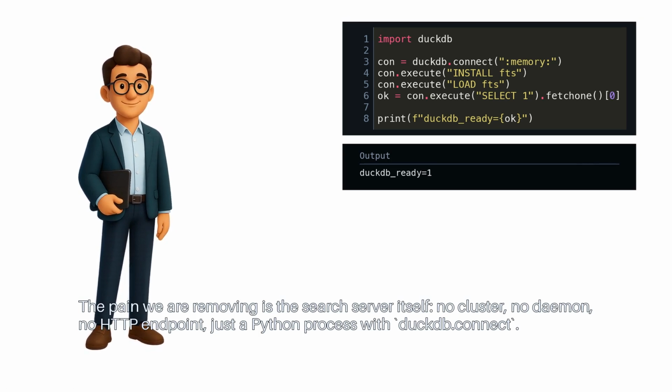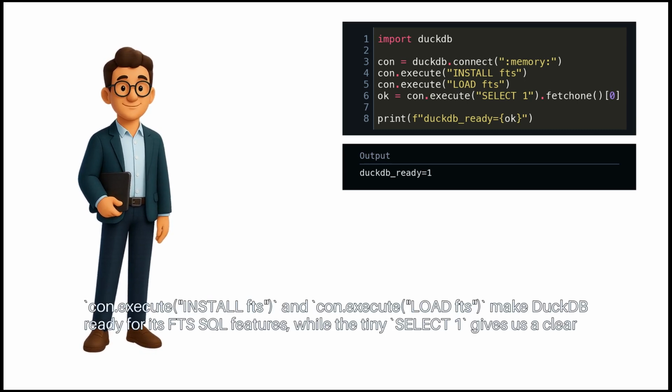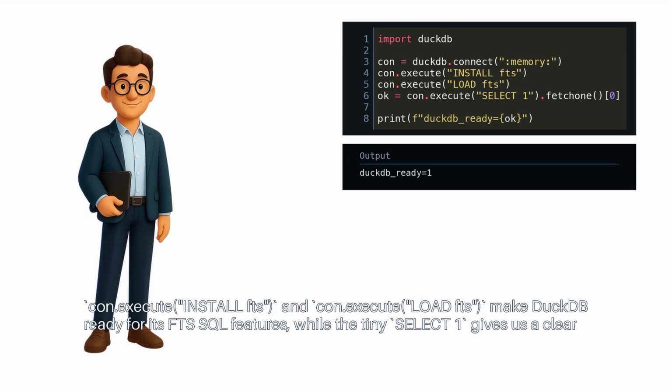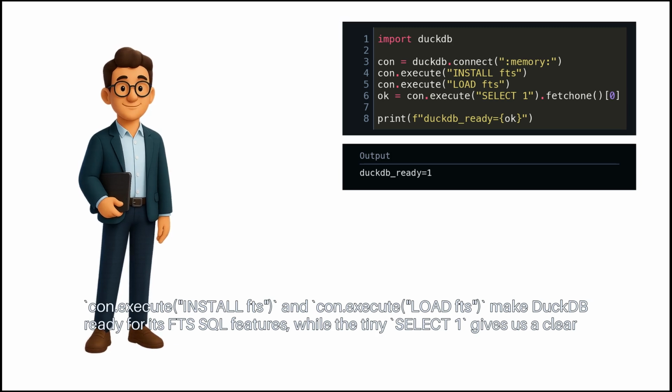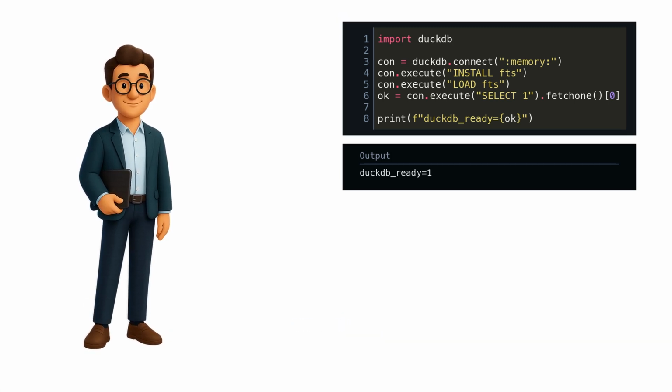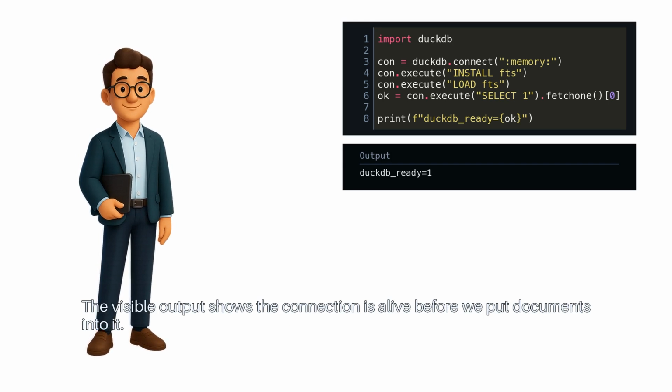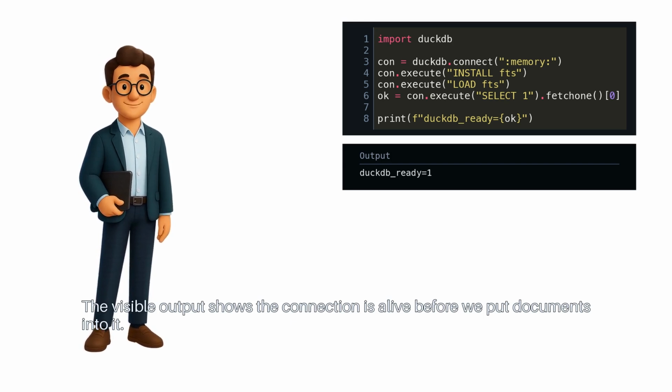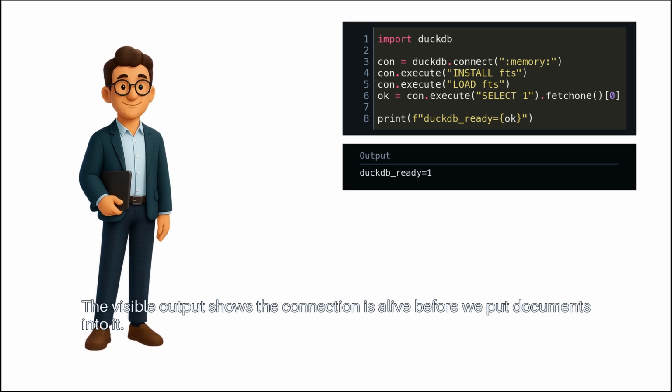No cluster, no daemon, no HTTP endpoint, just a Python process with duckdb.connect. con.execute install FTS and con.execute load FTS make DuckDB ready for its FTS SQL features, while the tiny select one gives us a clear sanity check. The visible output shows the connection is alive before we put documents into it.